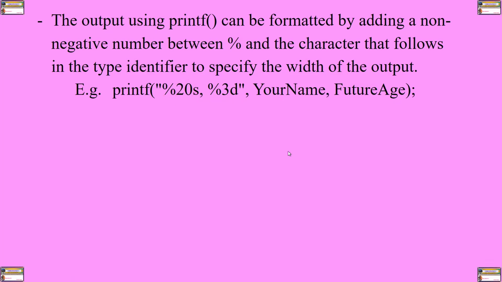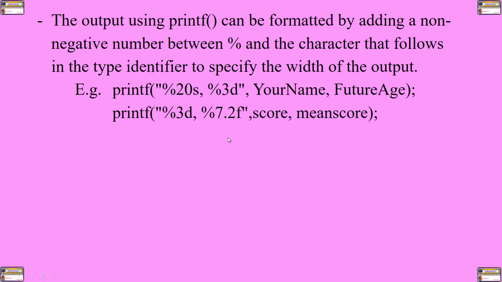So you can always format your output. If it has decimal places or decimal points, you can also format. You can specify, like the value for score should not exceed 3 digits. While for mini score, we are telling it the maximum number of characters in total, inclusive of the whole number section and the fractional part, should not exceed 7.